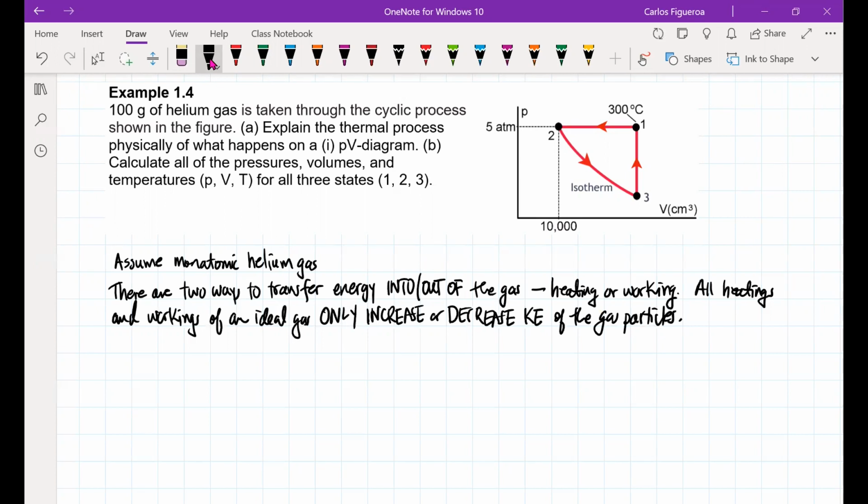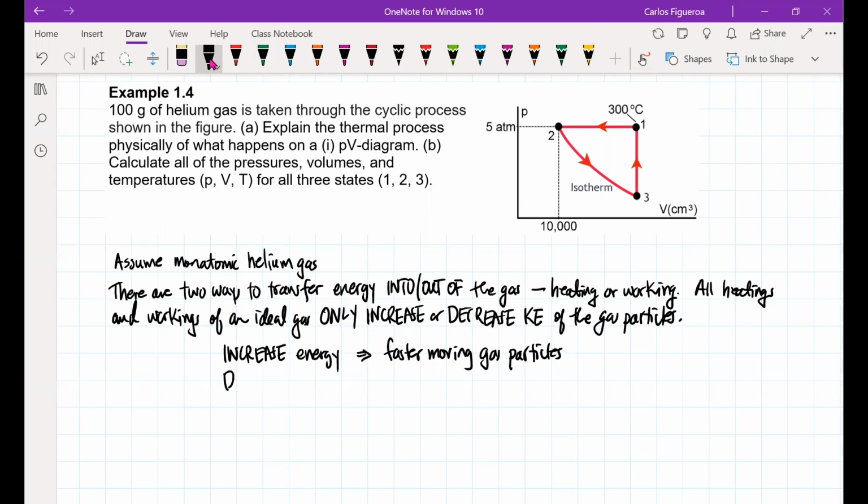So when you look at that situation, you got to remember, if we say that we increase energy, that means that the ideal gas has faster moving gas particles.